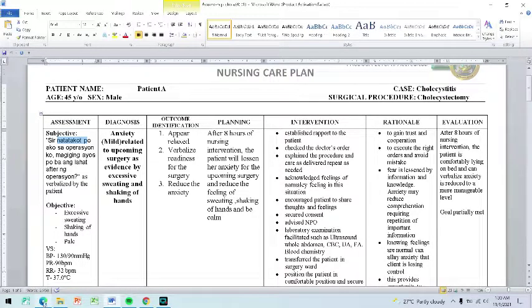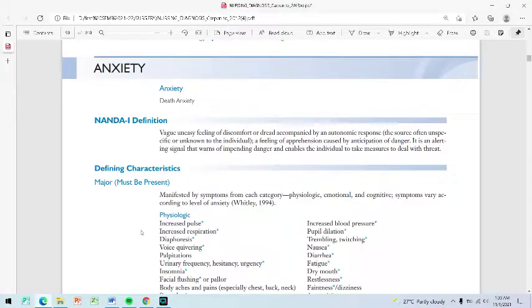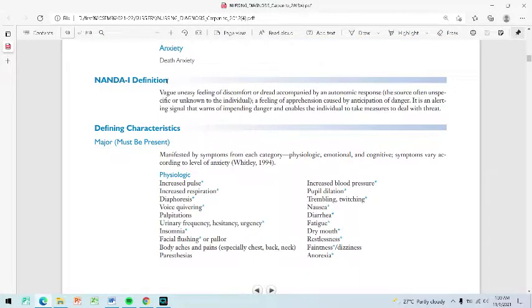So let's check the defining characteristics. In all nursing diagnoses, there is a defining characteristic. Ito po yung ating magiging basihan kung present nga ba ang anxiety sa sitwasyon ng ating pasyente.